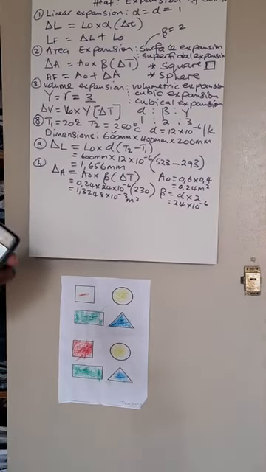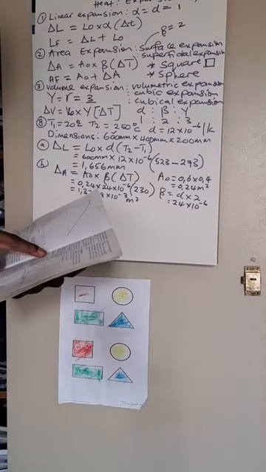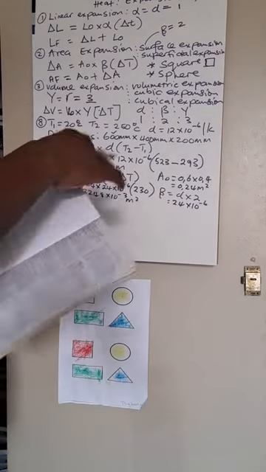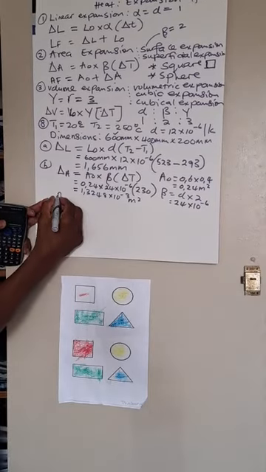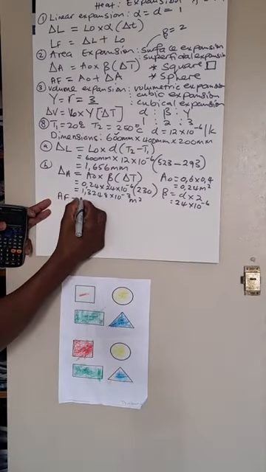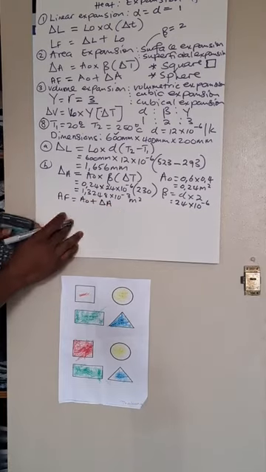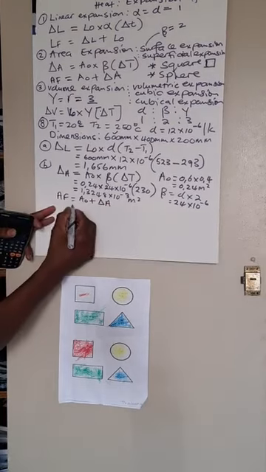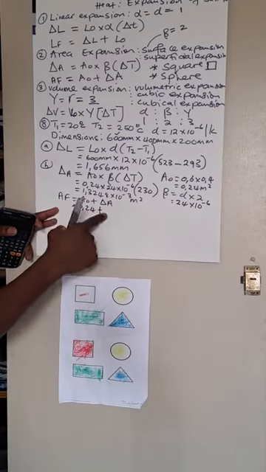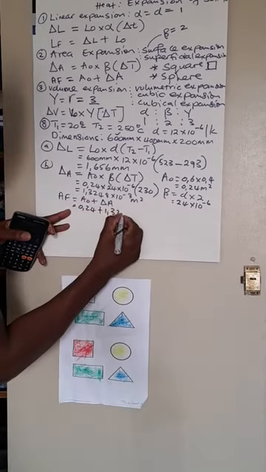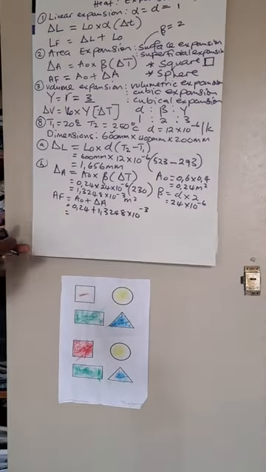Now, they said calculate the area of the longest surface at 250 degrees Celsius. Therefore, A final equals A original plus our change in area. That's what they need us to do. Original area, we said it's 0.24. Our change in area is 1.3248 times 10 to the negative 3.